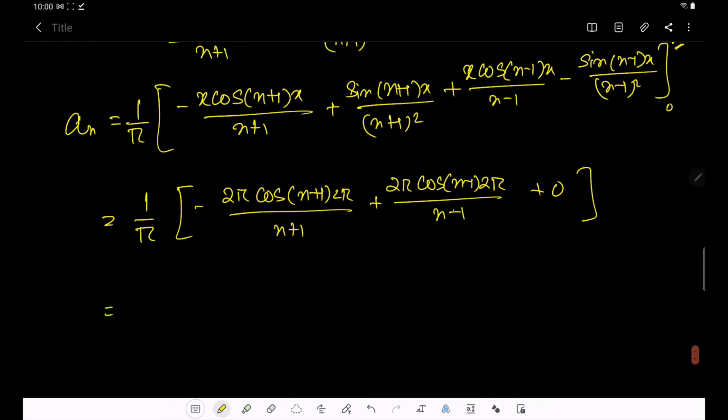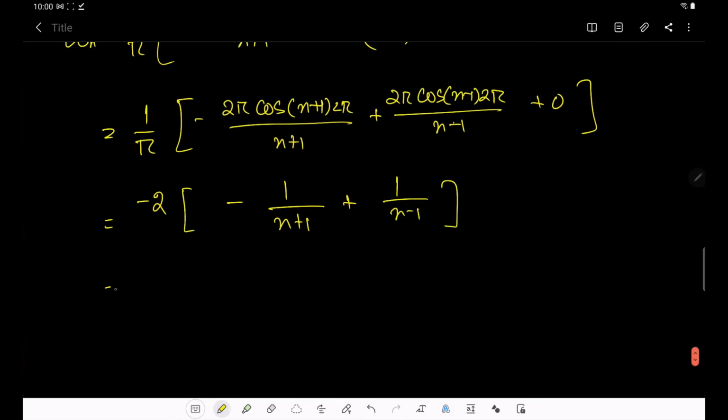So we can write here 1 by pi, let's write minus 2, minus (n plus 1) plus (n minus 1), that would be minus 2 by n square minus 1, and that would be minus (n plus 1) plus (n plus 1).